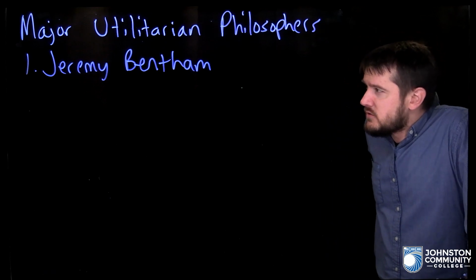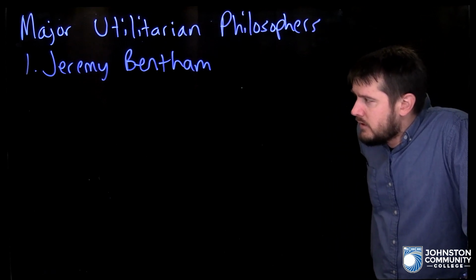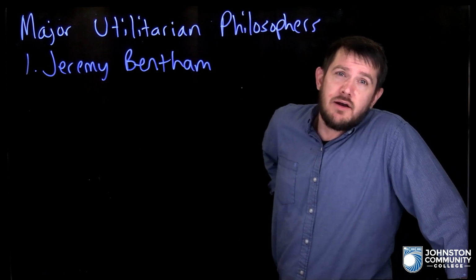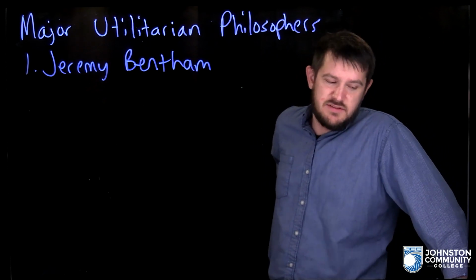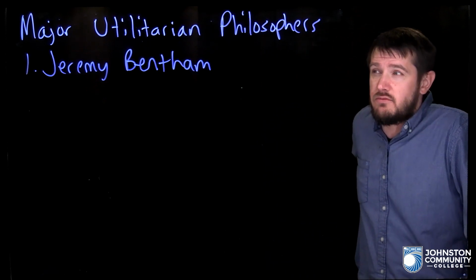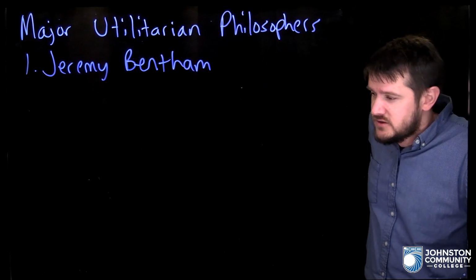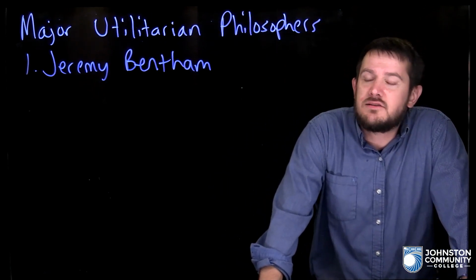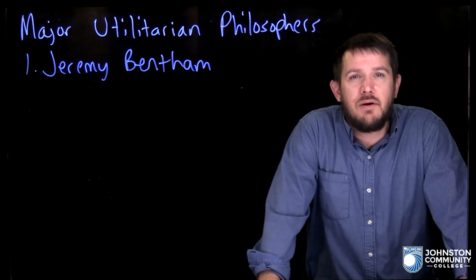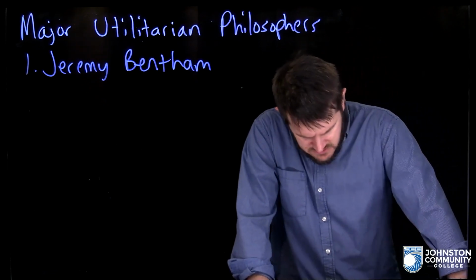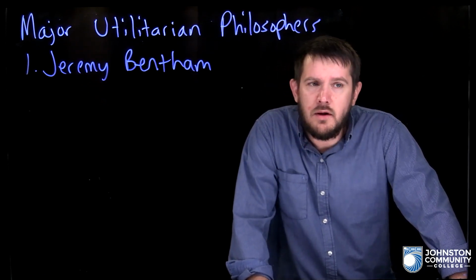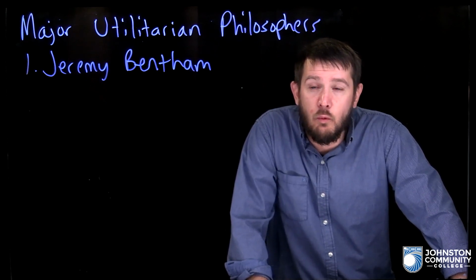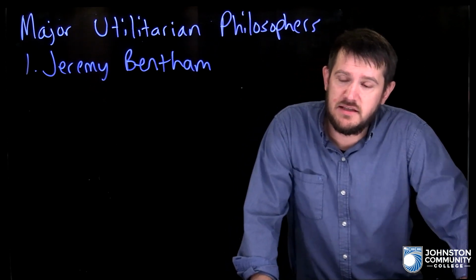Jeremy Bentham also thought that people should be able to get divorced if they were in unhappy marriages, which seems kind of obvious to us now, but was a revolutionary idea in the 18th century. Jeremy Bentham also thought that homosexuals should be allowed to live as they wish as long as they're not hurting anybody else, which again, to us, seems reasonable, but was worse than controversial in the 18th century.